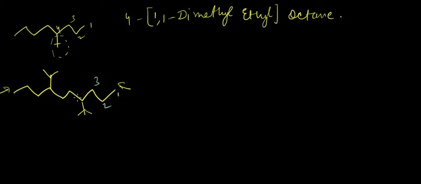So 1, 2, 3, 4, then 5, 6, 7, 8, 9, 10. So from here we have 4 and 7 as the positions, and if we take this as the starting position, then 1, 2, 3, 4, 5, 6, 7.